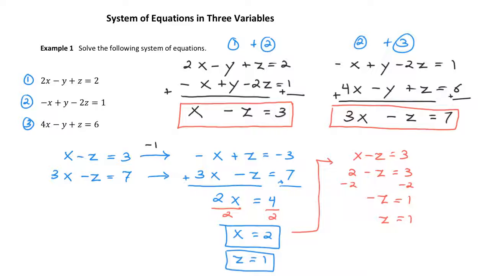So that is my equation, negative x plus y minus 2z is 1. I'm putting 2 in place of x and 1 in place of z. This simplifies to y minus 4 is equal to 1, and therefore y is equal to 5.